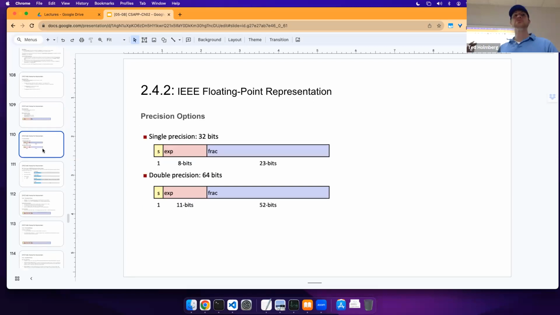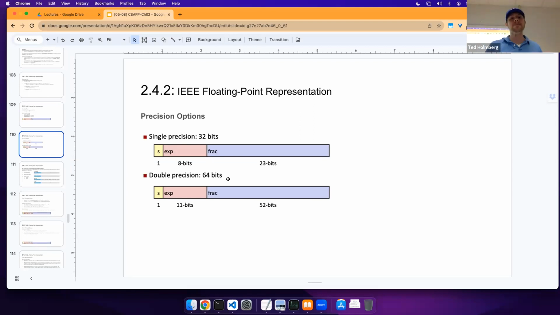If this were single precision, I know for a fact 23 of my bits would go into my fractional field, 8 bits would encode my exponent field, and of course 1 bit for my sign bit.